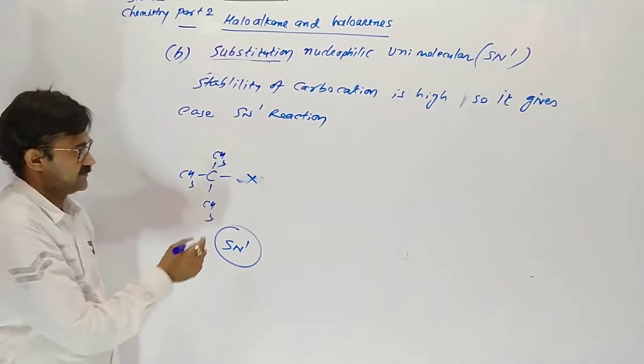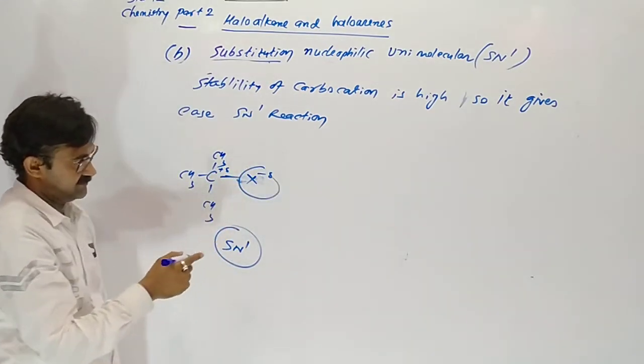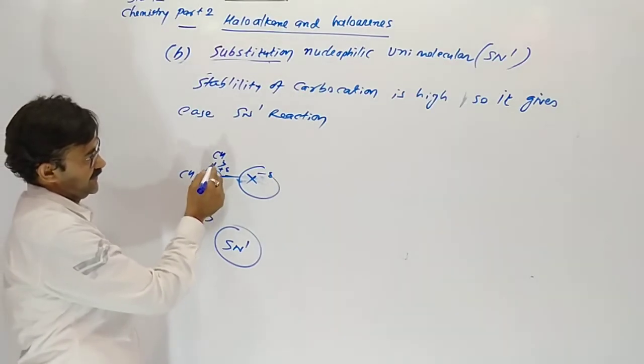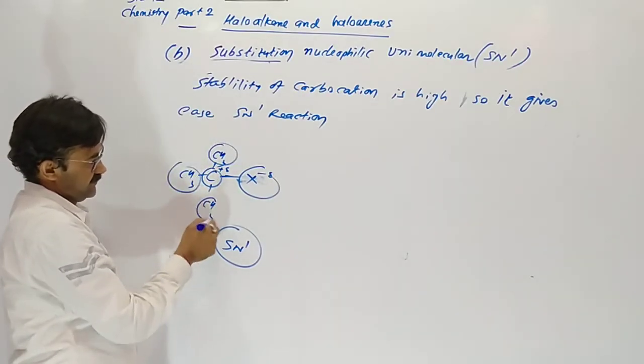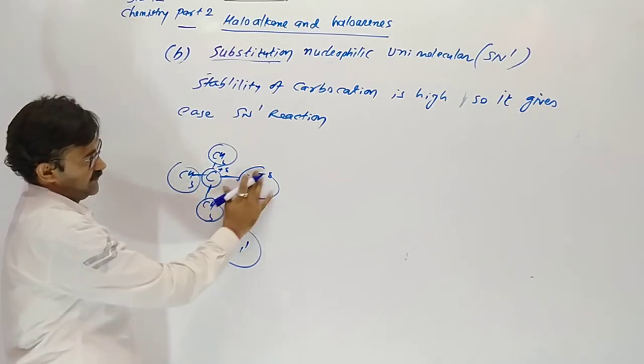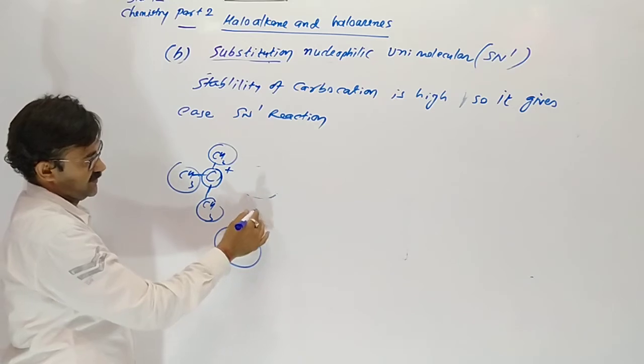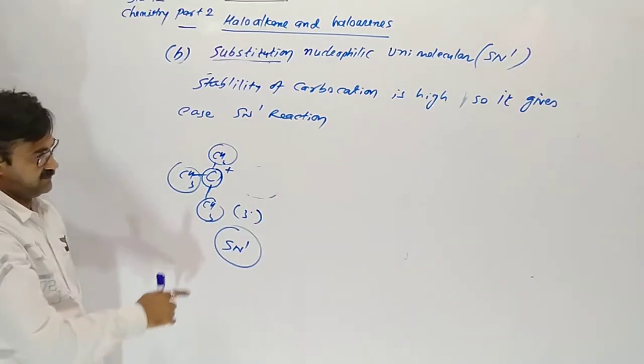Why? Here you can see the carbon is attached with halogen. The halogen containing carbon is tertiary, because it is connected with 3 carbons. So after removal of bromine, it will be a tertiary carbocation.